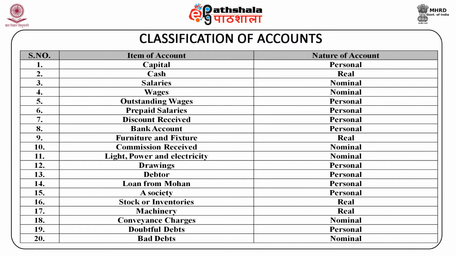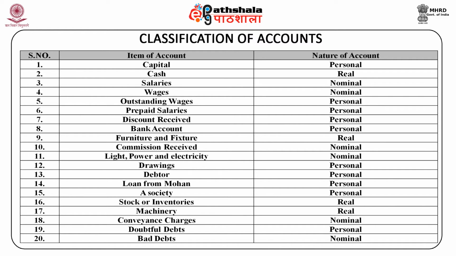Light, power and electricity account will be classified as nominal account. Drawings account will be classified as personal account. Debtor account will be classified as personal account. Loan from Mohan account will be classified as personal account. A society account will be classified as personal account.